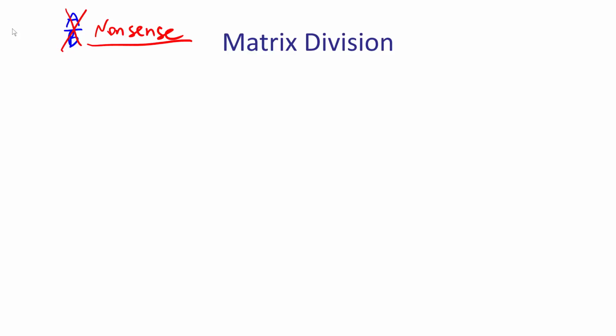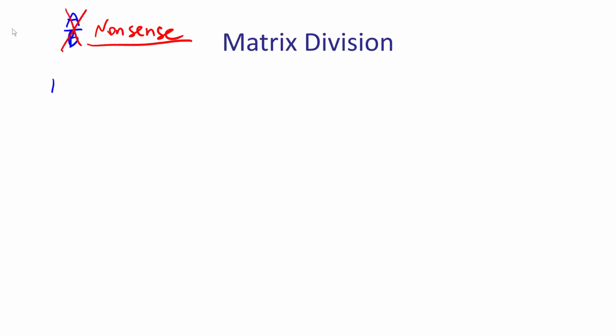Direct division of two matrices is not defined. But what is possible to do is to multiply by inverse matrix, if this inverse matrix exists. So technically, inverse matrix is defined the following way.